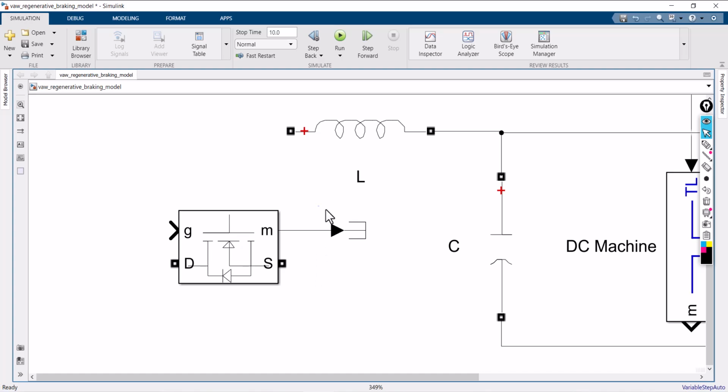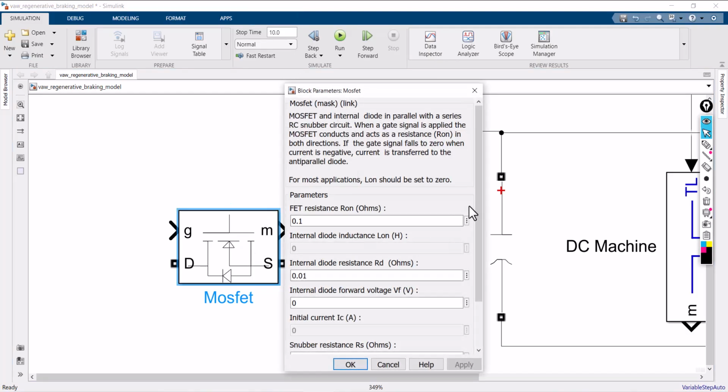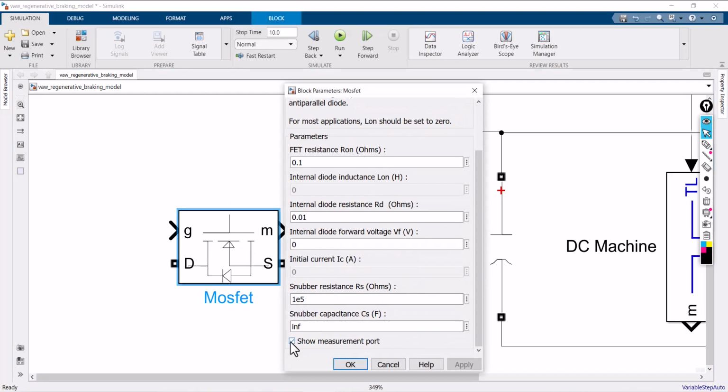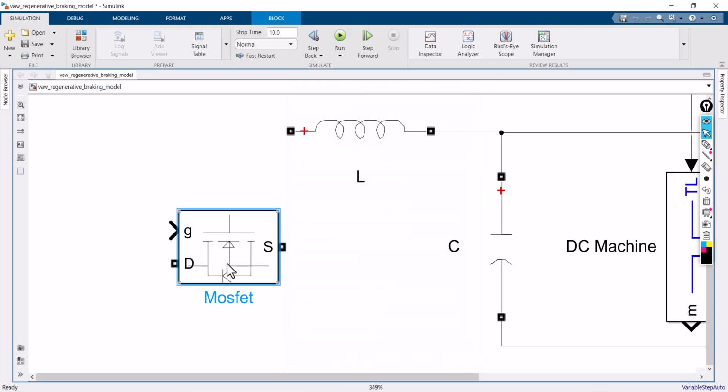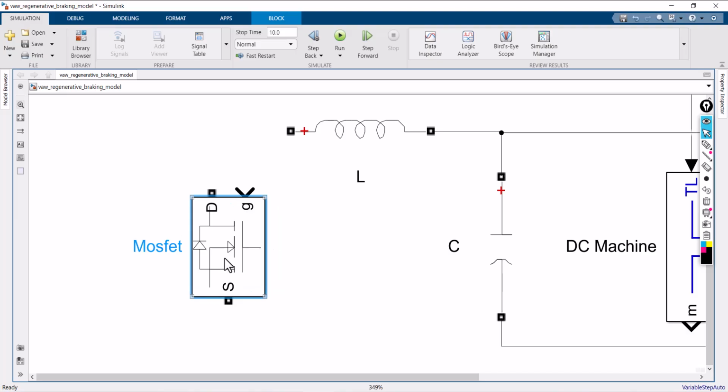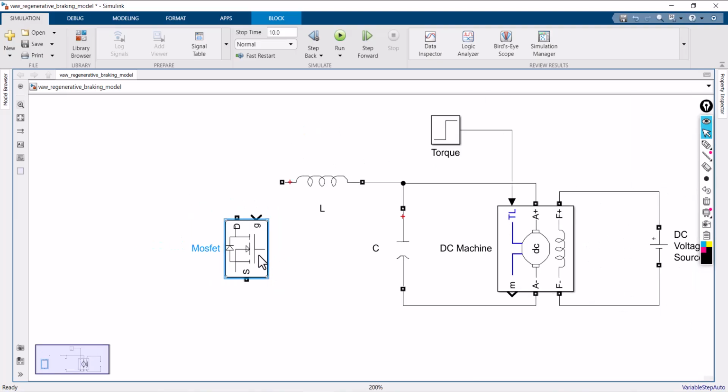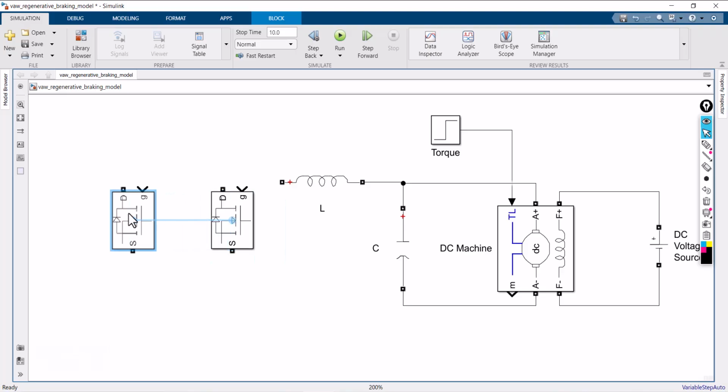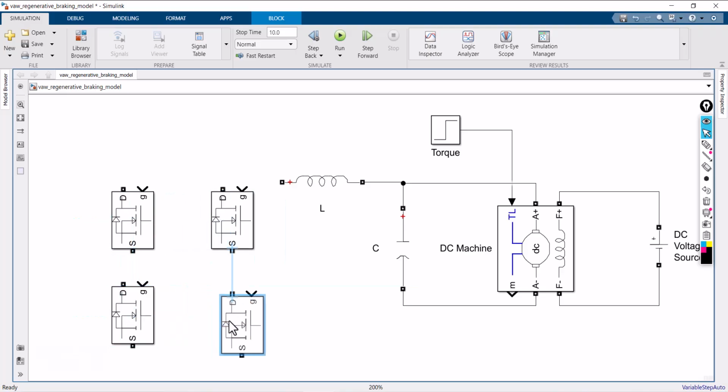This is one way. Another way is to double click the switch and uncheck show measurement port. Okay, this is the other way. Similarly, I need 4 switches. Let me say that this is S1. As per the circuit I am following, you can refer to the circuit.